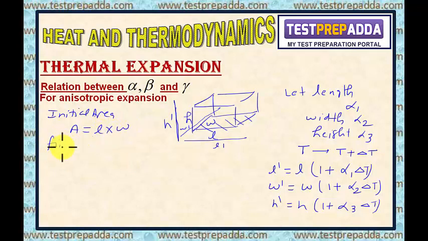What is the final area? Final area A dash will be L dash into W dash.